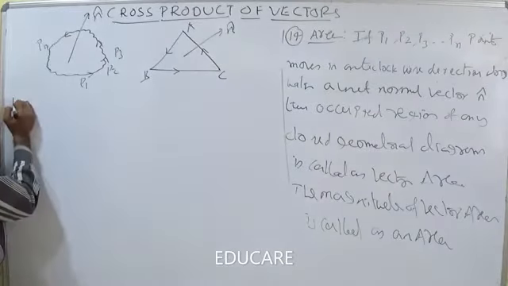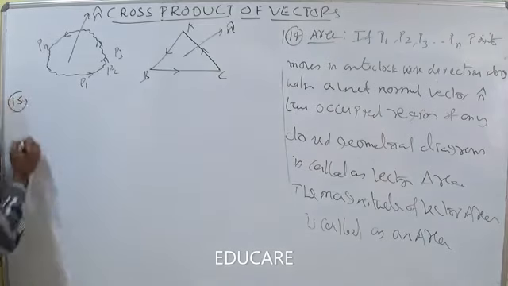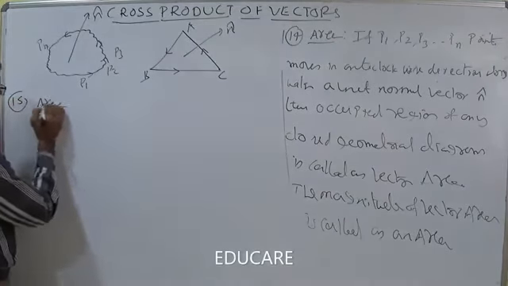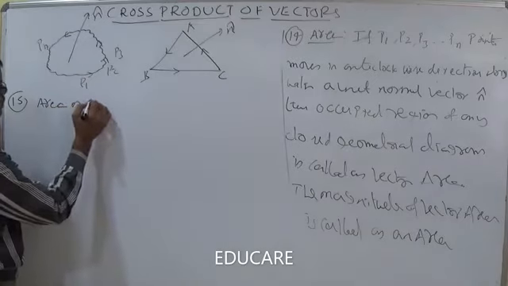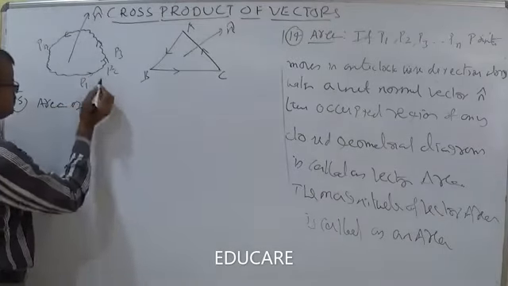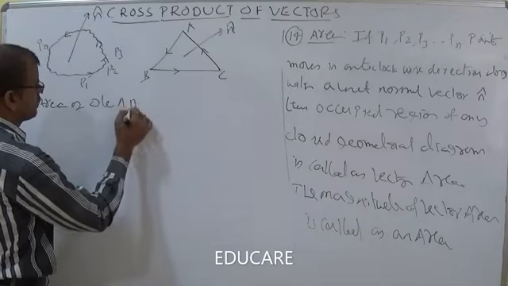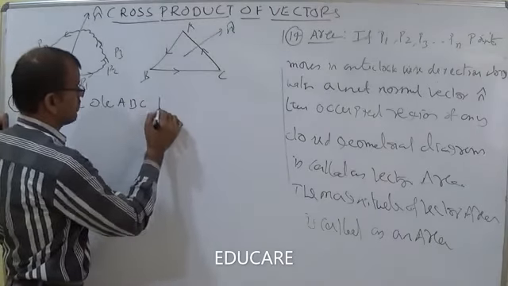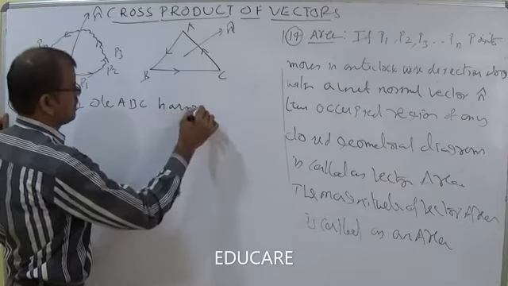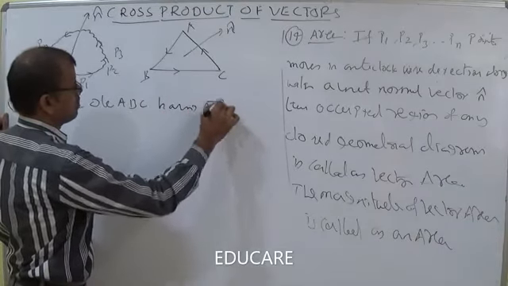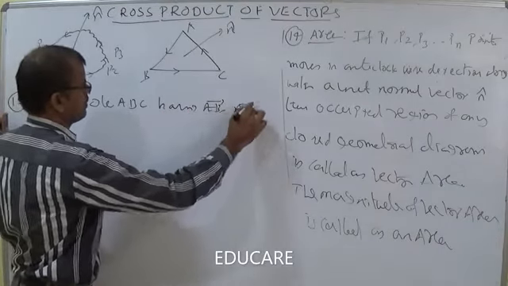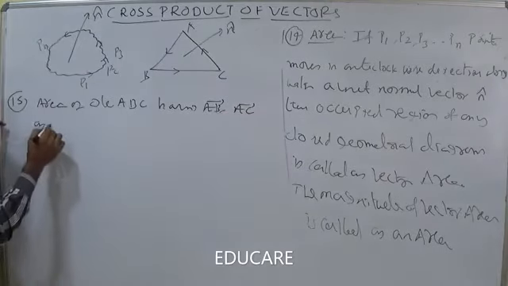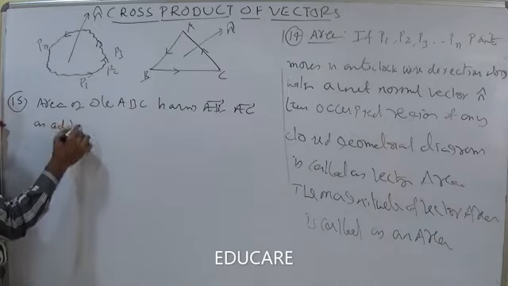So now we can discuss formulas for the area of a triangle. Let us write the formula for the area of triangle ABC having AB bar, AC bar as adjacent sides.